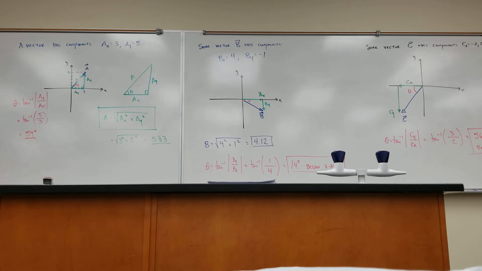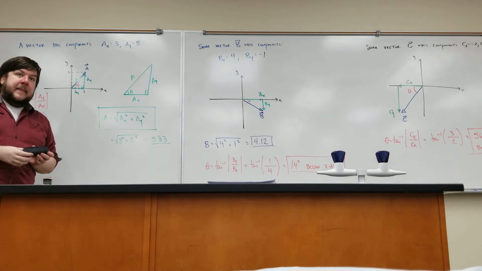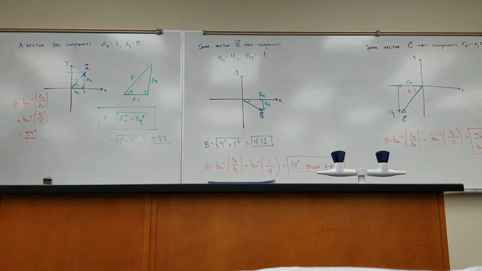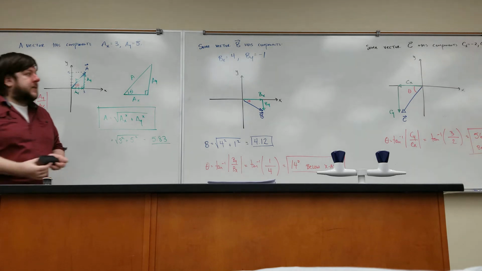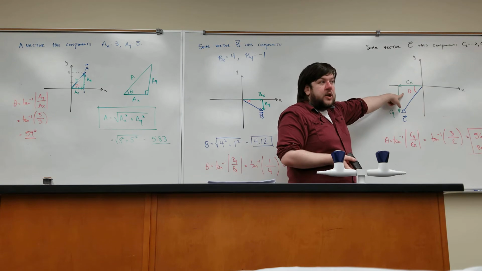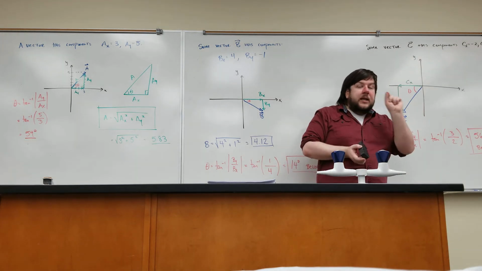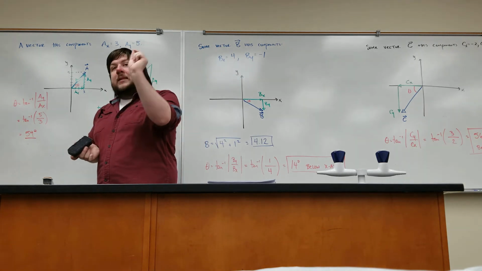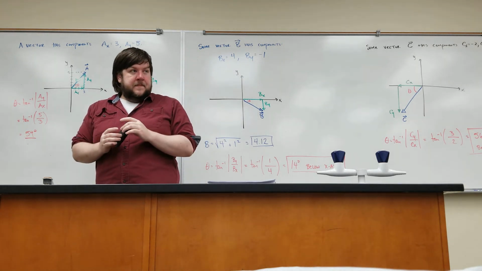Now, on Mastering Physics, it doesn't have the flexibility for you to choose your reference point. Mastering Physics will tell you what reference point to choose, and it might not be the same reference point as the convenient one that we use. So worst case scenario, you have to do a little bit of geometry to get the answer in the form that Mastering Physics wants.